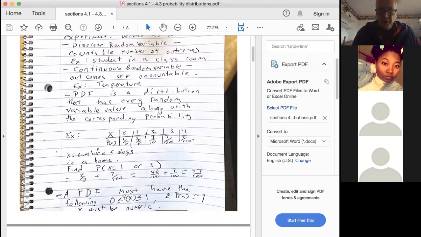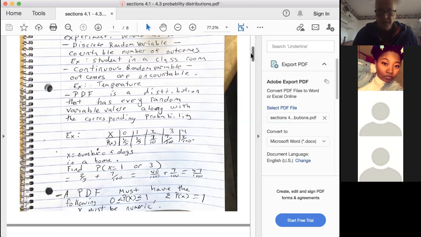Beneath these, you have the corresponding probability. So the probability of getting 0 would be 1/5. The probability of getting 1 would be 2/5. Of 2 would be 3/10. Of 3 would be 7/100, and 4 would be 3/100. Where X is the number of dogs in a home.